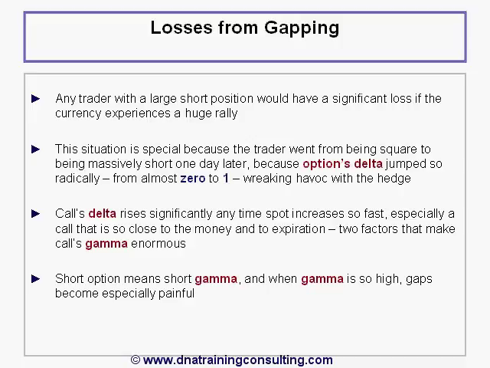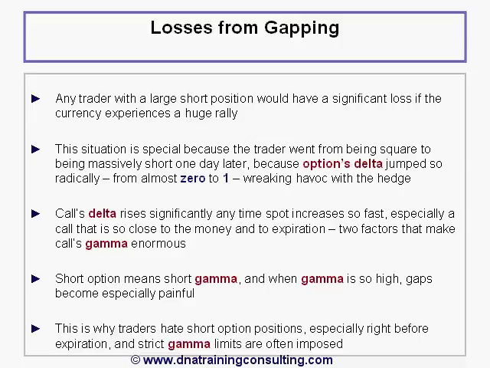This is also why traders hate short option positions so much, especially right before expiration, and why strict gamma limits are imposed on options traders in most cases, especially for illiquid underlying assets, which are more likely to change price abruptly. We will see in a more advanced course what strategies are available to the trader to mitigate short gamma risk and at what cost.